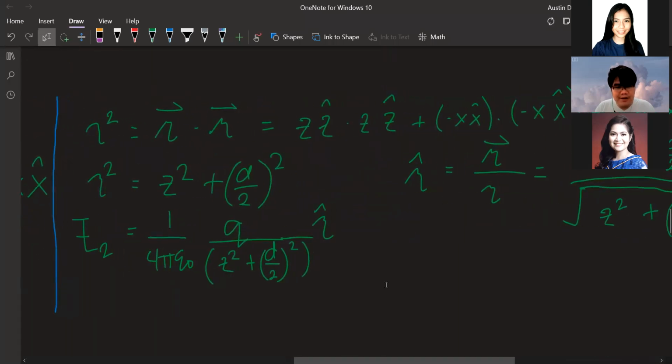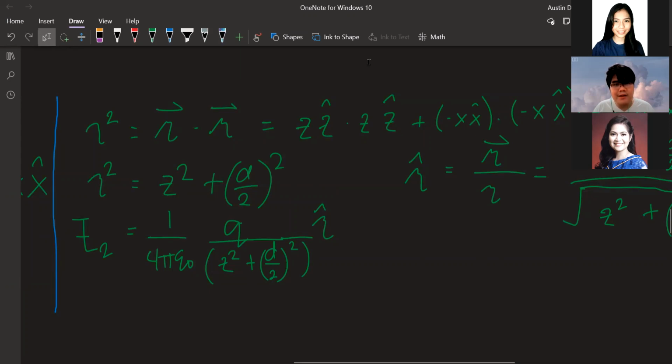Now we're ready to write this one. Sir, may square sa labas ng parenthesis doon po sa denominator. Ito ba yung tinutukoy mo?